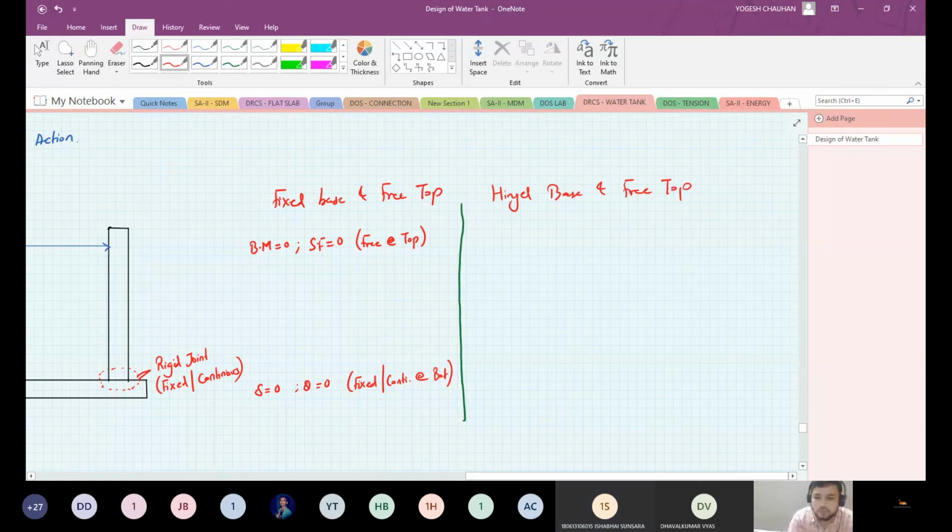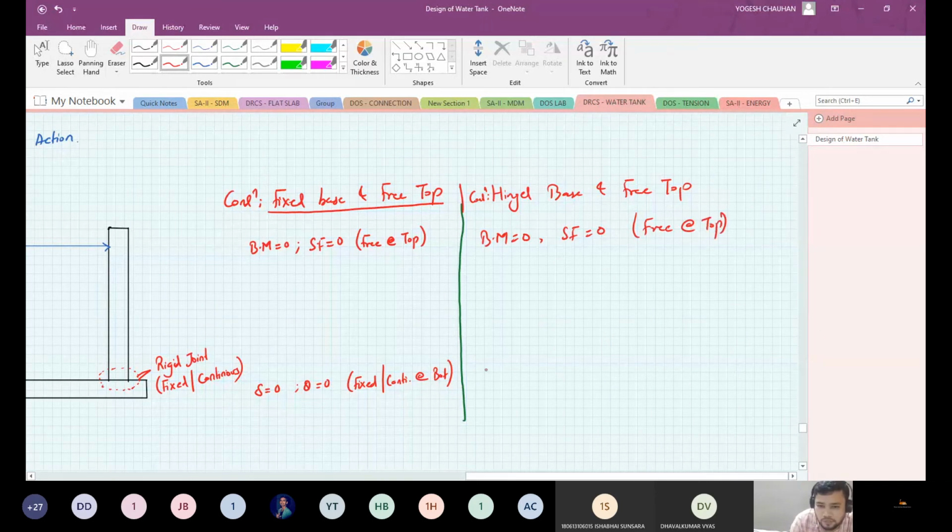So in this condition, for free top, the bending moment is zero at the top. Shear force is zero at the top because it is free at the top.